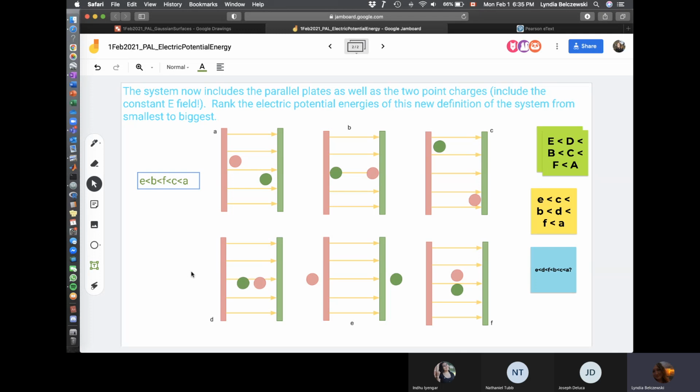They're also pretty close to the oppositely charged plates, and that's where they want to be. So I would put D as our second to smallest potential energy. Because apart from being outside the plates and being in no electric field at all, the configuration in D is about as happy as these particles are going to get.